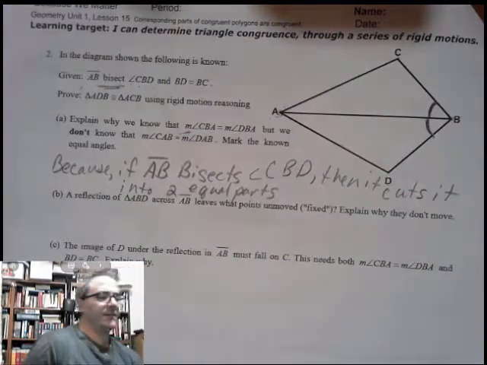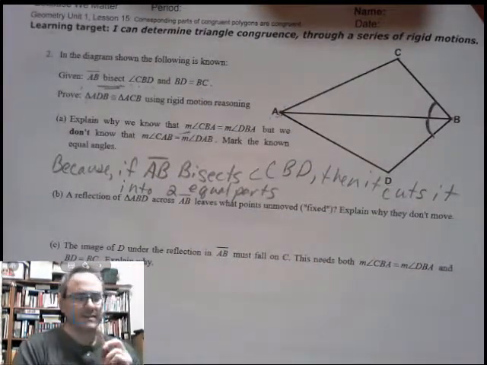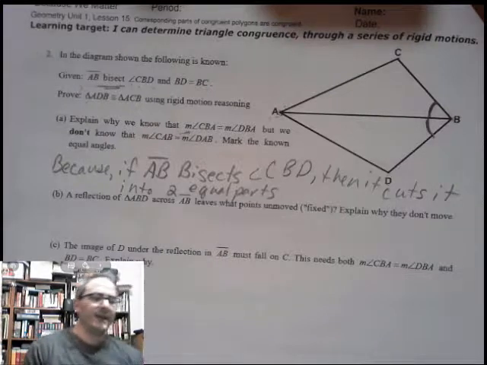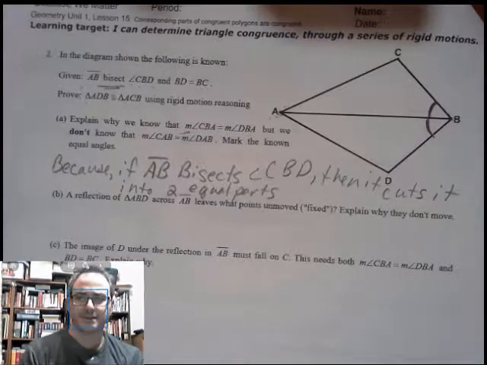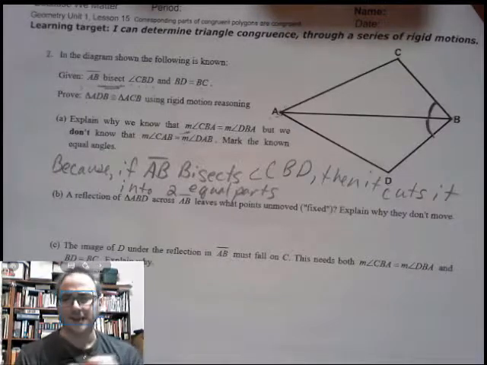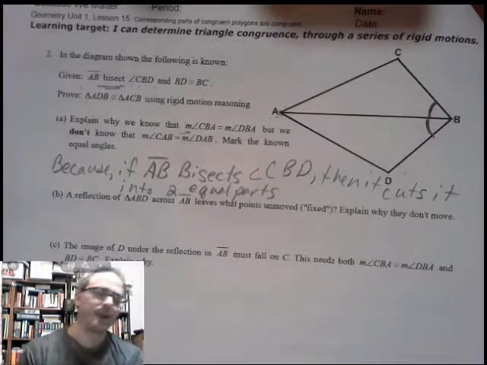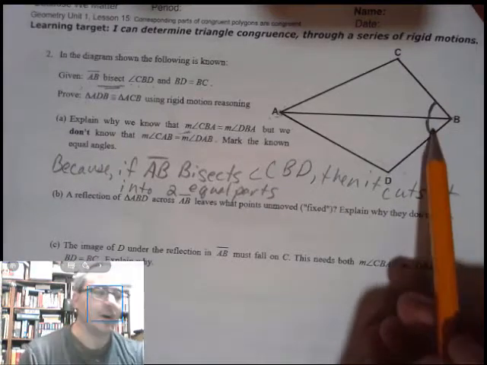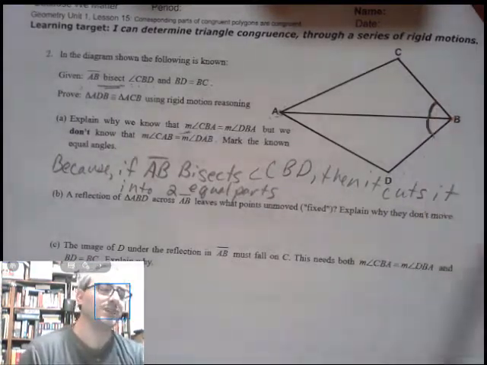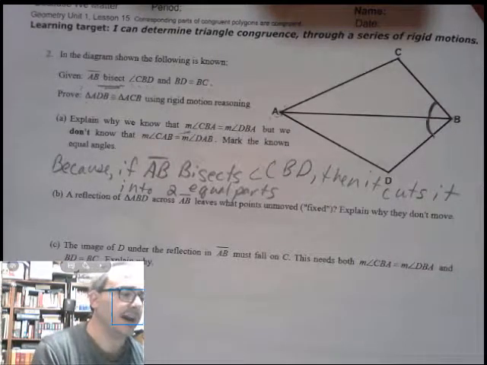If AB bisects angle CBD, then the bisector cuts it into two equal parts. That's what bisecting means. Bisecting means cutting things into two equal parts. So we're told it bisects, which means we know these two things are equal. We get two equal halves because it's bisecting.